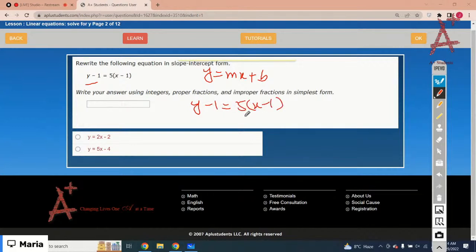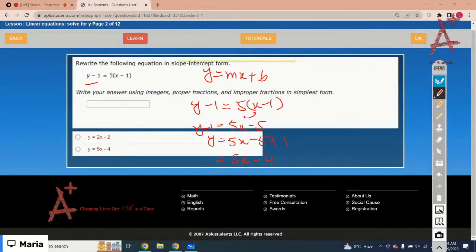Got it? You have to multiply the number 5 with everything that is inside the bracket. It would be 5x minus 5. Now you can move the negative 1 to the other side. It would be positive 1. Got it? So negative 5 plus 1 is negative 4. Got it? So the equation is y equals 5x minus 4.